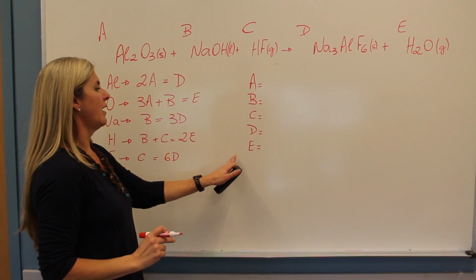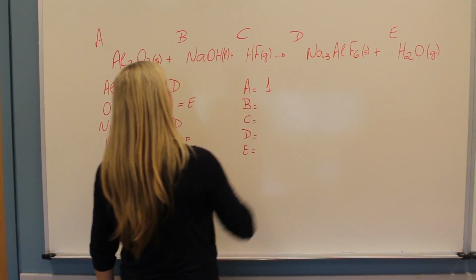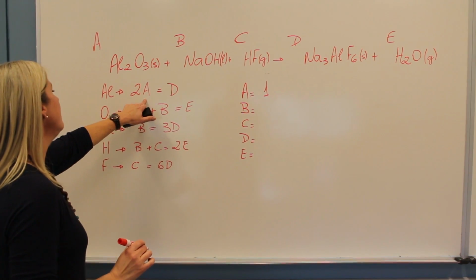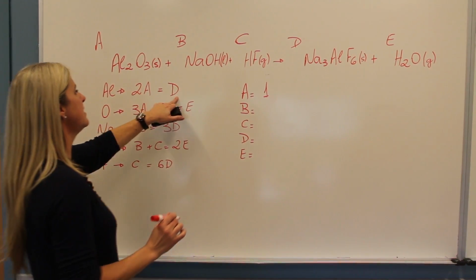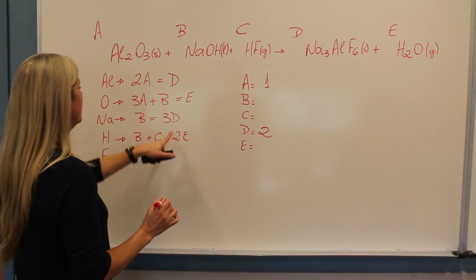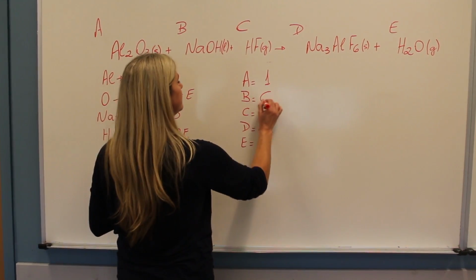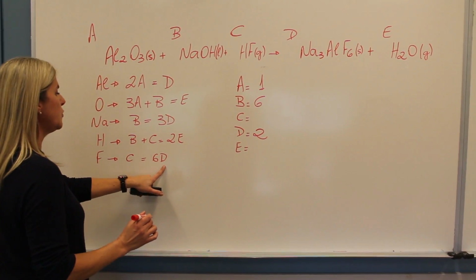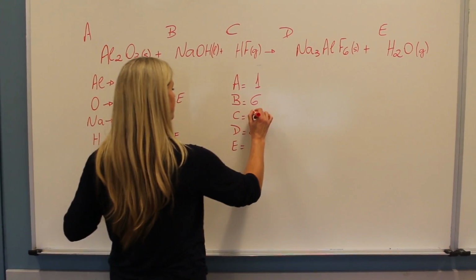Then you're going to list the letters and give a number 1 to one of the letters. So let's say you give 1 to A. If A is equal to 1, 2 times 1 is 2, that means D is going to be 2. If D is 2, 3 times 2, 6, B equals 6. If B is 6, 6 times 2, 12, C is going to be 12.